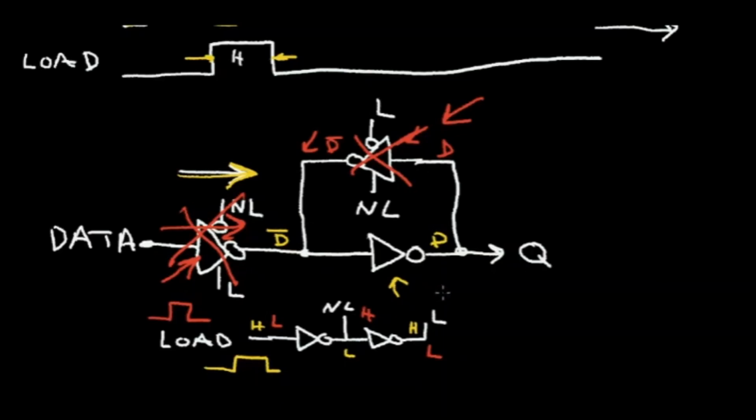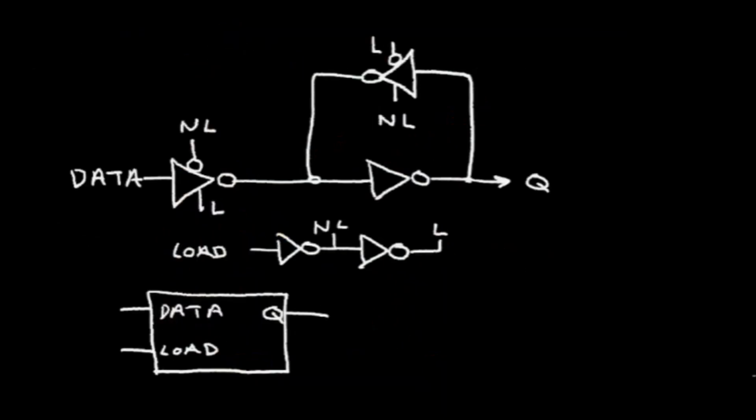Now, I want to show you another neat thing I can do with this tri-state driver. I'm going to redraw the latch circuit below and show you another function that the tri-state driver can perform. Here I've redrawn the latch circuit, and I've also shown the symbol down below for the latch circuit.